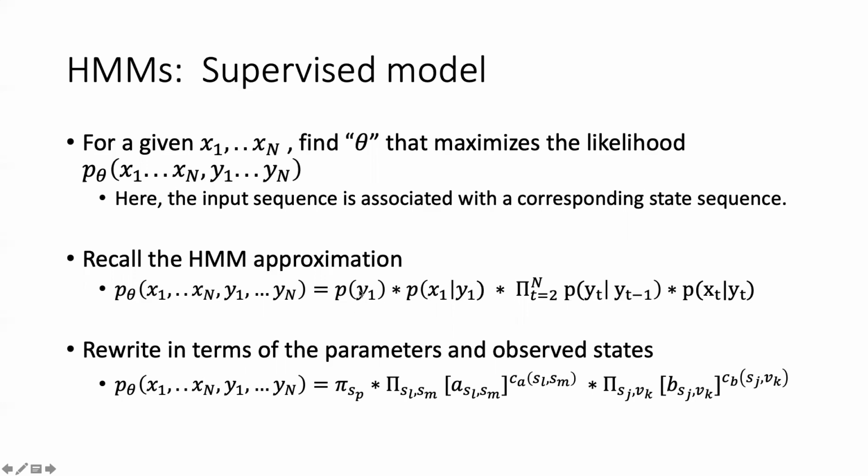These are the initial probabilities, and p of y_t given y_{t-1} is the transition probabilities, which are represented by A's. A(s_l, s_m) indicates the state transition from s_l to s_m, and C_A(s_l, s_m) indicates the number of transitions from state s_l to s_m, and B_j's are the emission probabilities, and C_B indicates the number of emissions of the word v_k from the state s_j.